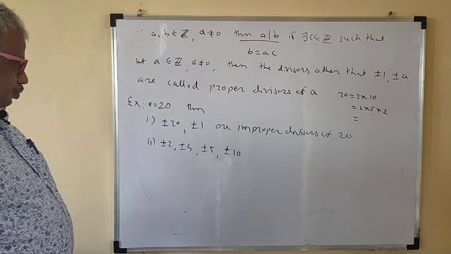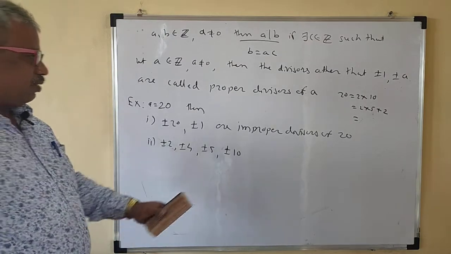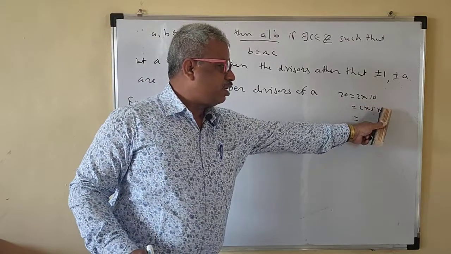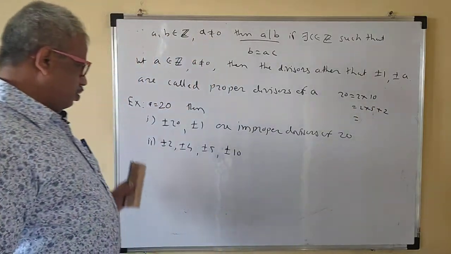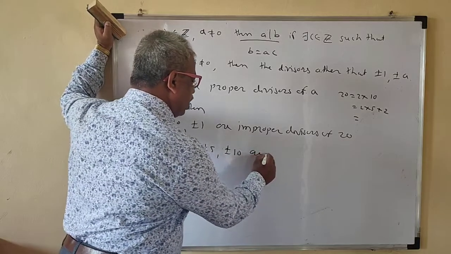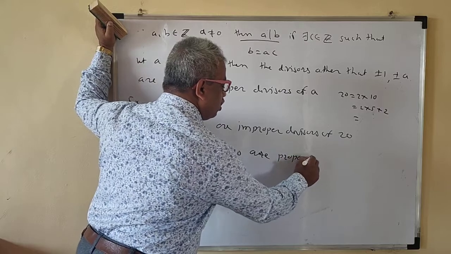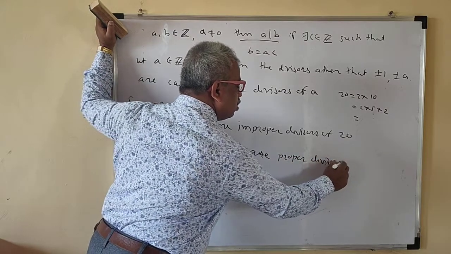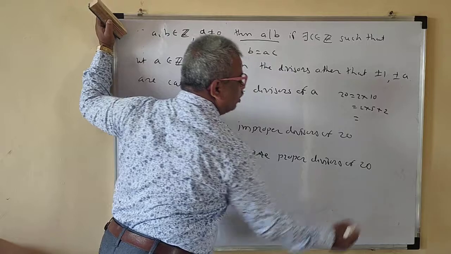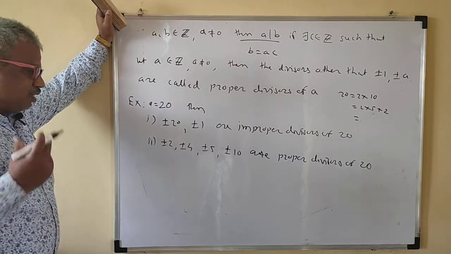We have taken the product of 4 and 5. These are the proper divisors of 20. Similarly, you can take other examples like 21, 25, 27.